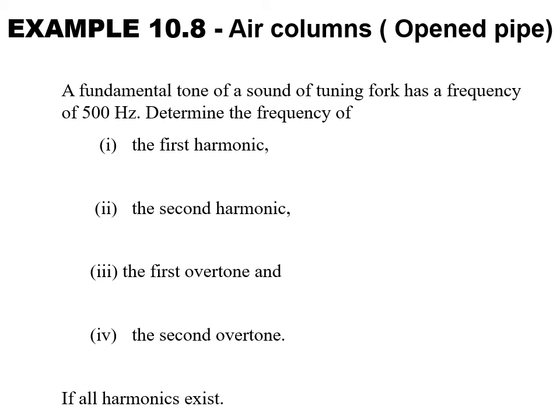Example 10.8, a column for open pipe. A fundamental tone of a sound of tuning fork has a frequency of 500 Hz. So you need to determine the first harmonic.